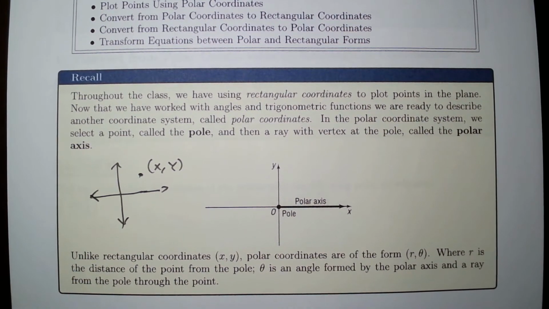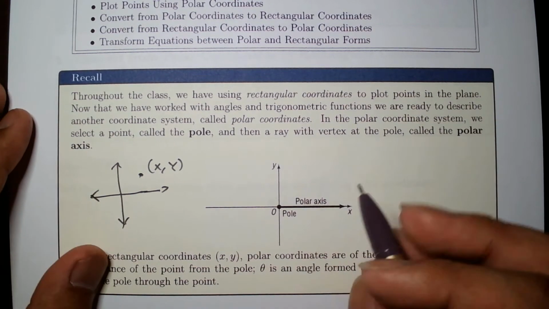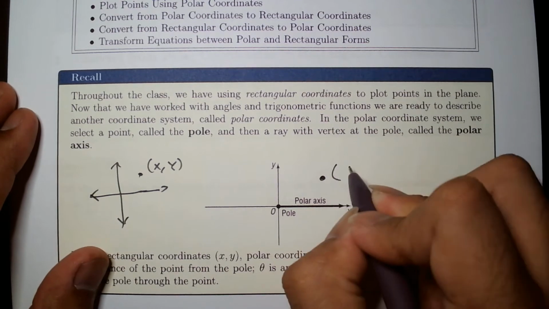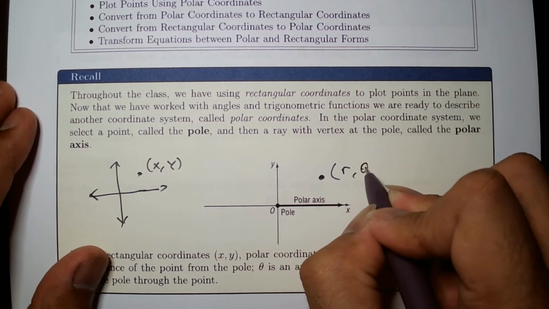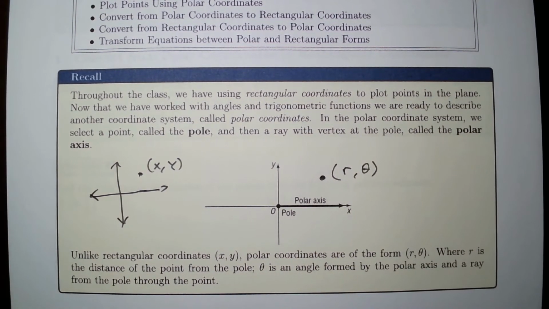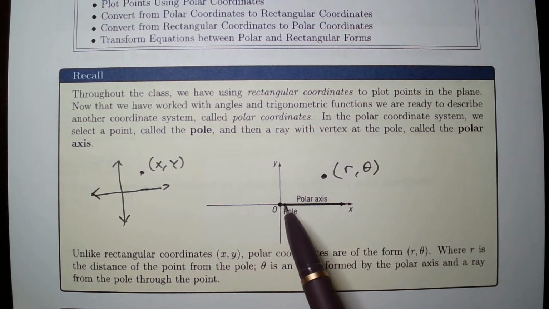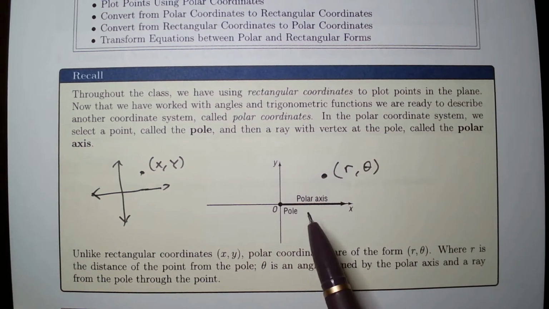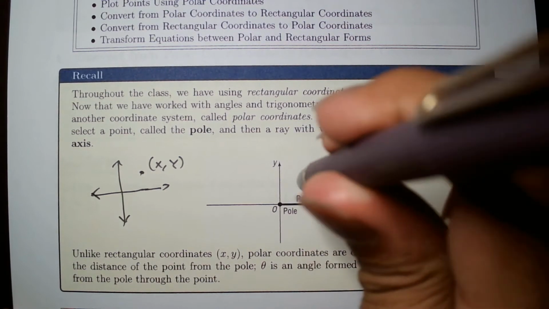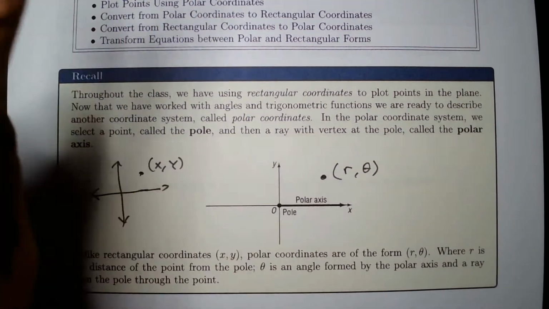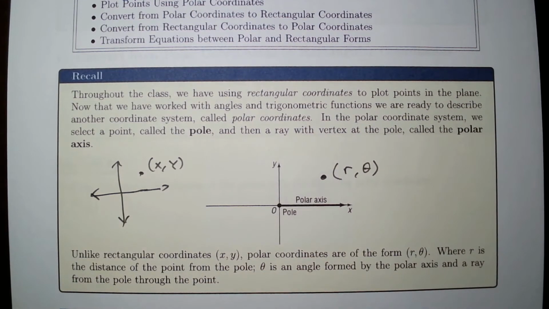So in this new system, we are going to plot a point in which the x coordinate becomes the radius and the y coordinate becomes the angle. A good way to see this is to consider plotting this point as a bird's eye view, like seeing it from the top, in which we look at the radius and the angle.